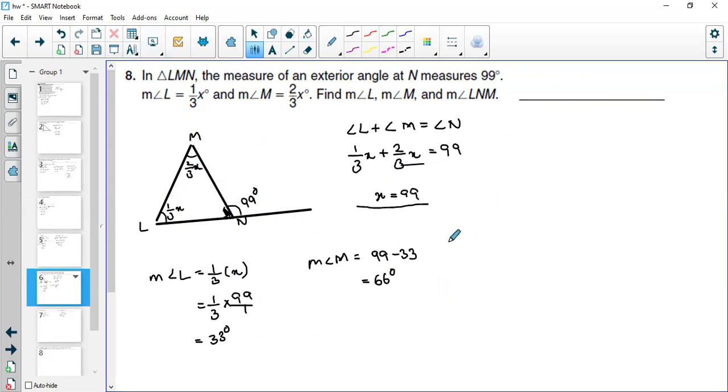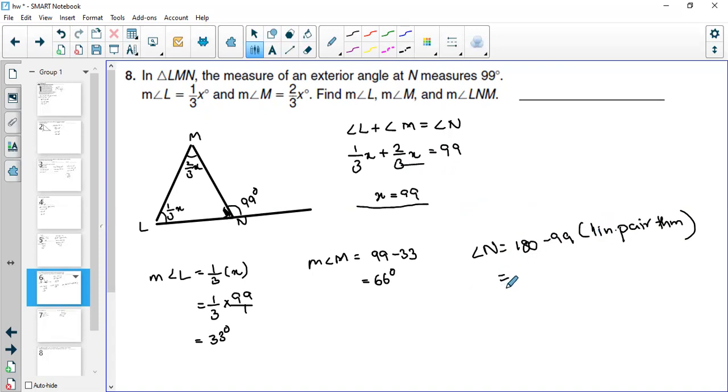Either way, you're going to get the answer right. So I'm going to use the linear pair theorem because I feel that's much easier. So angle N is going to be equal to 180 minus 99. And this I'm using the linear pair theorem. If you would have listened to the explanation in the video, I also have told what is linear pair theorem.